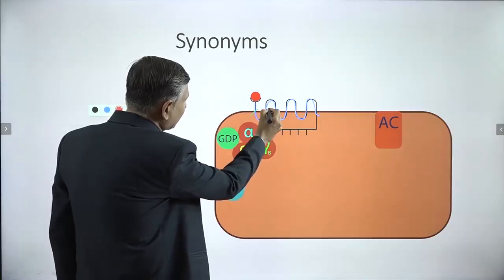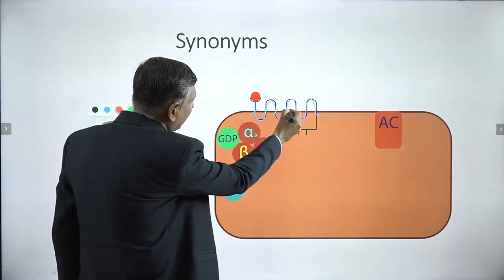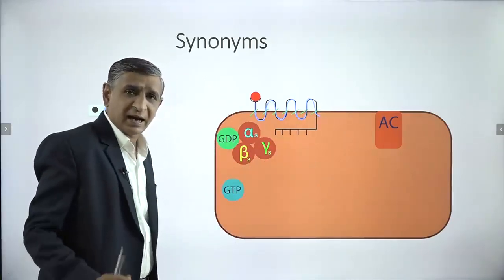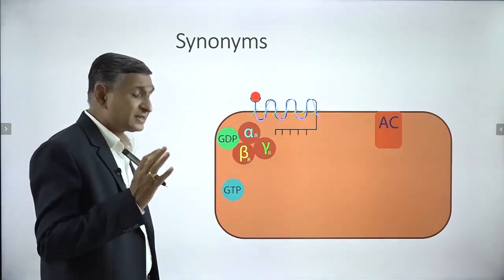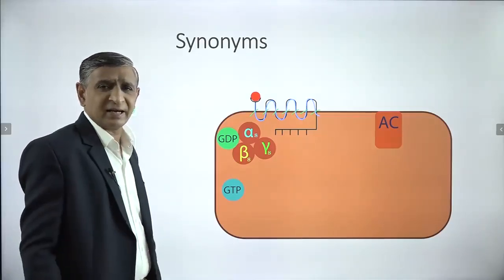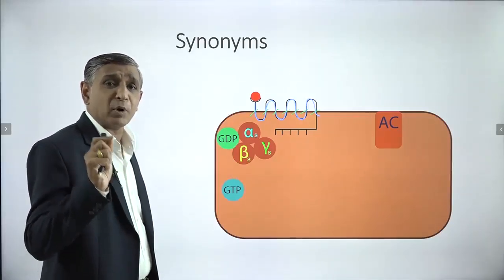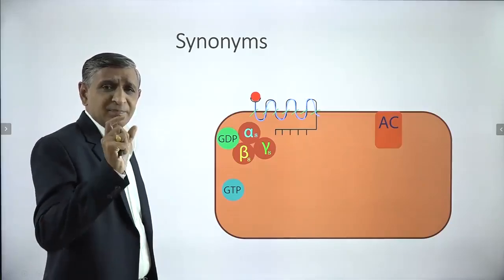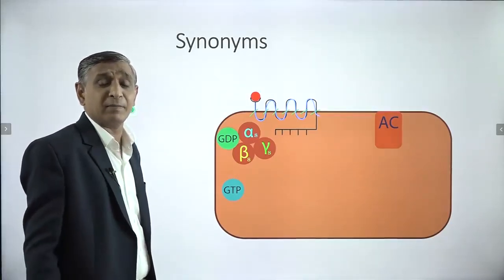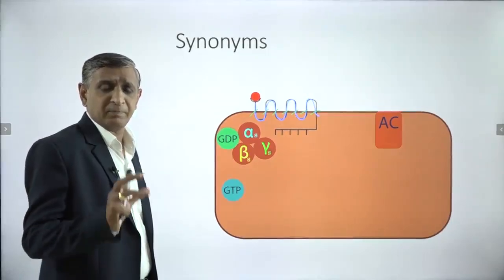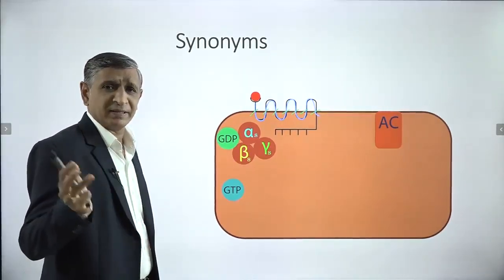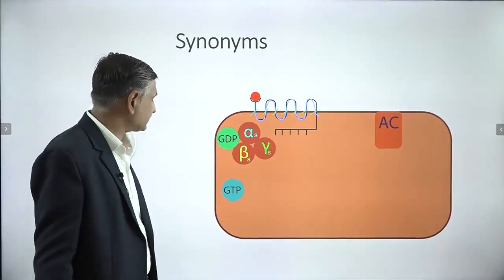This is the first pass, this is the second pass, third pass, fourth pass, fifth, sixth, and the seventh. And that's why they are called 7-pass receptors. One more name is there, that is, they are called metabotropic receptor. This metabotropic receptor, because they interfere in the metabolism, they bring about some chemical changes, and that's why they are known by the name metabotropic receptors.